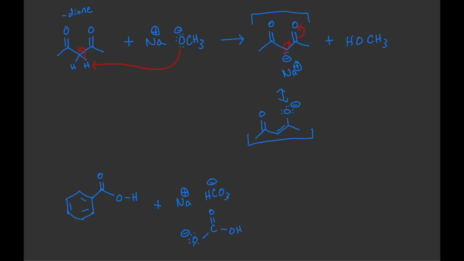So that negatively charged oxygen, just like previously, is going to be attacking our proton on the acid. And then that bond will break and push over lone pairs to the oxygen, just like before. And then we draw our products. And we will get our negatively charged oxygen, which again is balanced by the sodium. Then we get a species that looks like this.